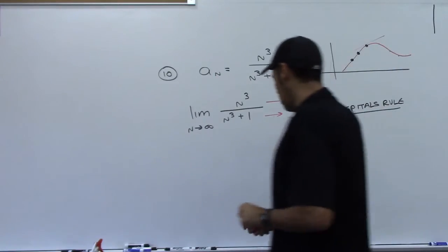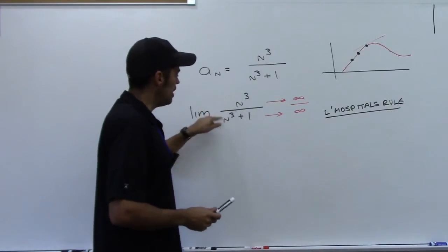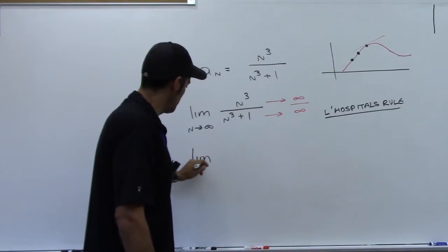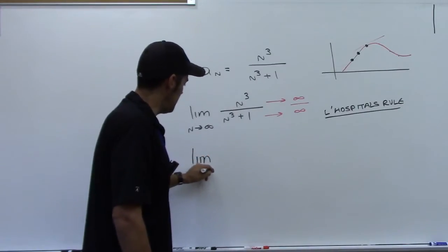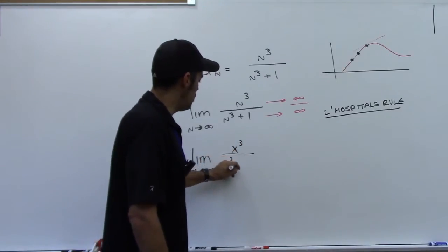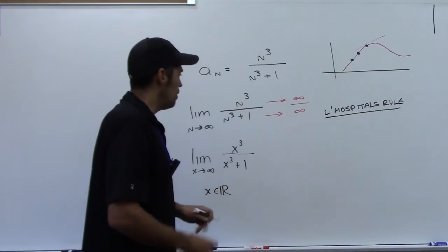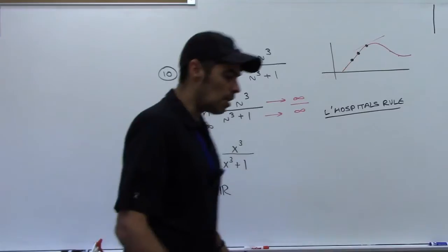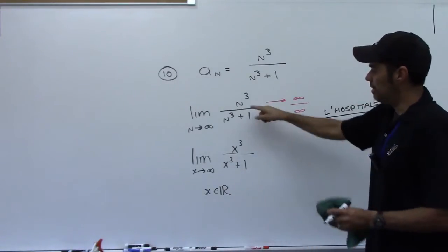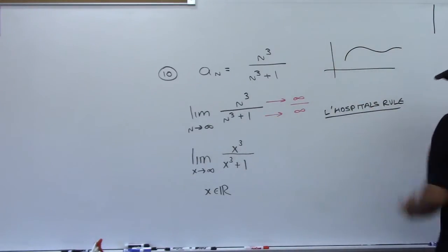But there was a theorem that said if we look at this limit and replace our n's with x's, so we take the limit as x goes to infinity of x cubed over x cubed plus 1, where we're treating x as if it's a real number, what that means is we are looking at the graph of this thing as a function which draws a curve.